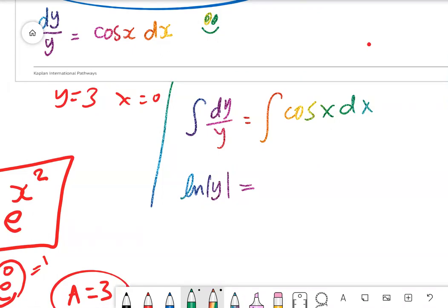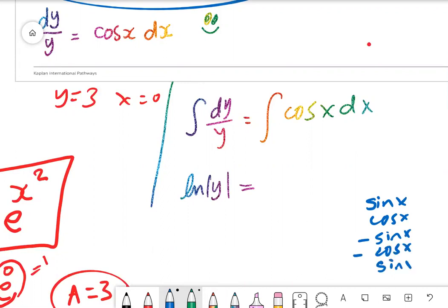If you don't remember, I hope that what I put in the other video helps: you write them in order, sine x, cosine x, minus sine x, minus cosine x, and sine x. And we go from the bottom to the top. We want the integration of cosine, so it is the one above, which is sine x. This is just to remind you of it. So this is going to be sine x plus c. Why plus c? Because it's indefinite integration. Now I have ln y equals sine x plus c.